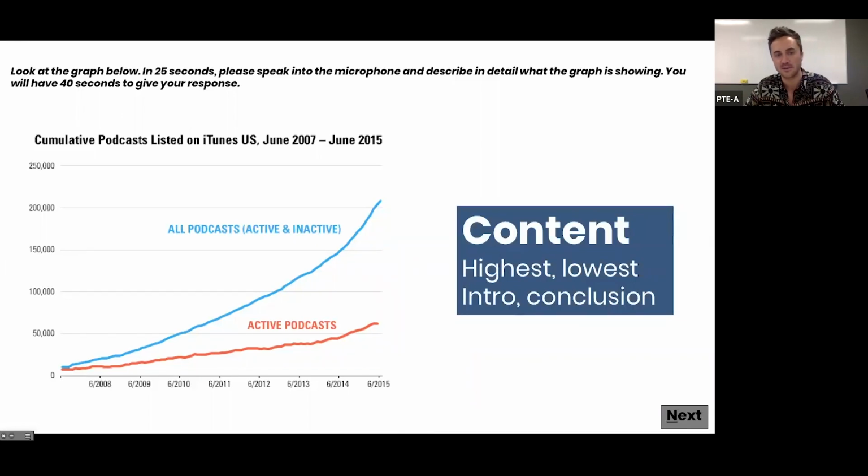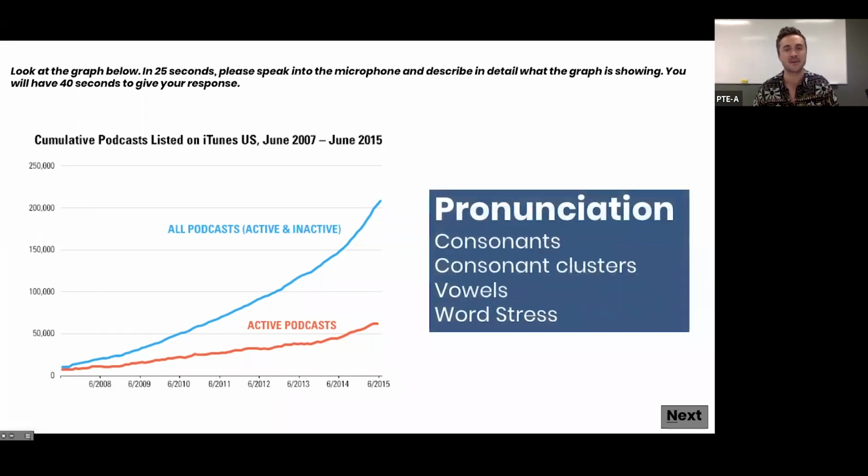It was over 200,000 in 2015, but it started at just over about 10,000. In terms of active podcasts, this had less growth. In 2012, it was about 40,000, but then this grew to about 70,000 in 2015, something like that. Highest, lowest, that's what you want. And you want an intro and a single sentence conclusion.